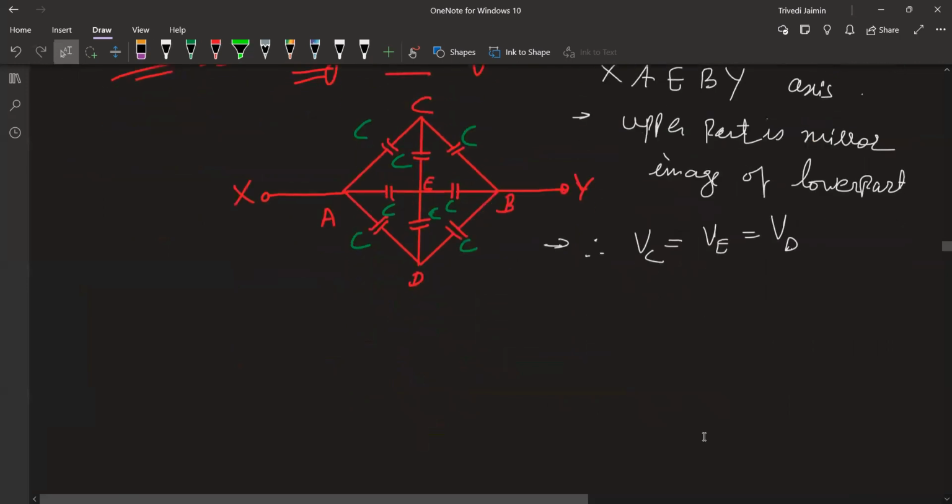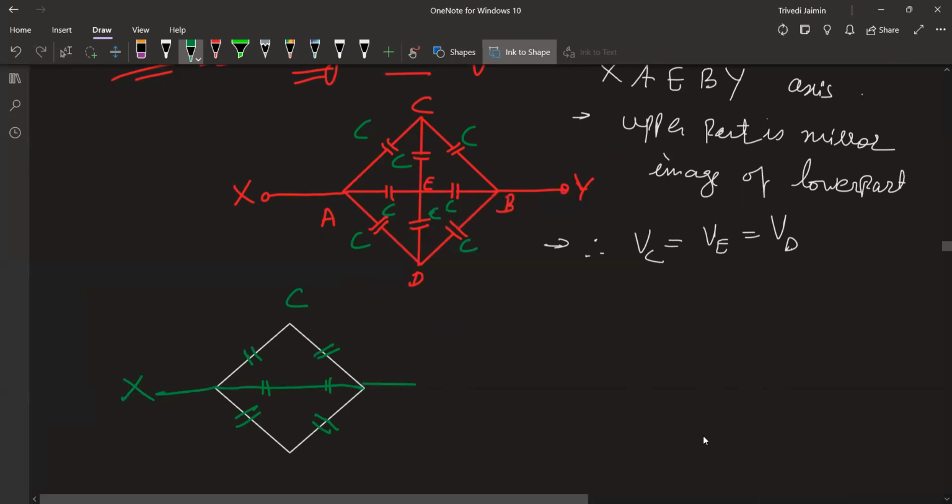So we can redraw this. This is our new image or resultant form.